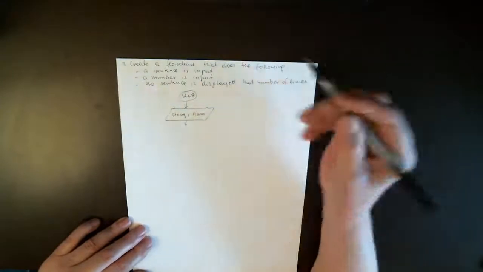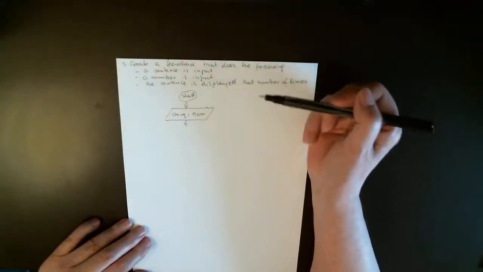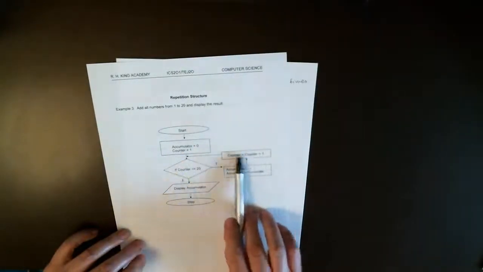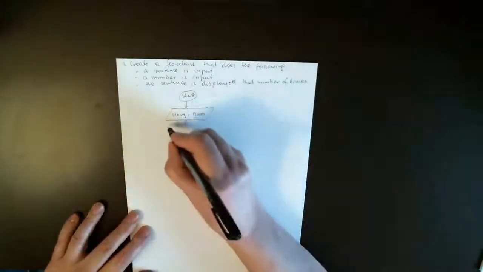All right. Now, because it is a loop, we need a counter. Remember, right here, let me go back to this one. Because we are repeating, we need to have a counter that will count how many times we actually did the repeating. So we are going to start our counter.